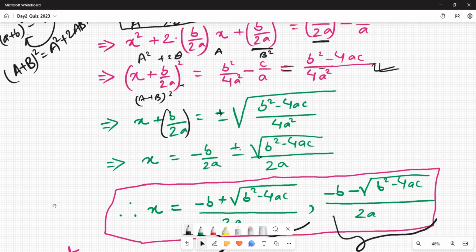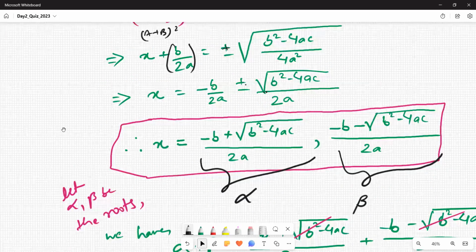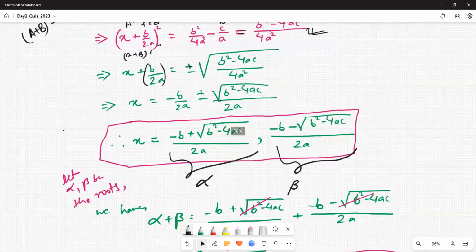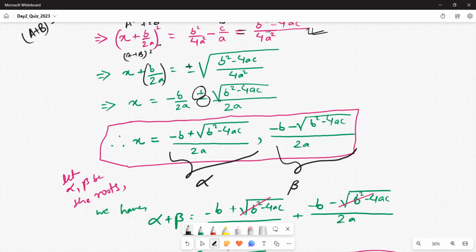So further, when you solve this, one time you take the plus sign, and another time you take the minus sign. So these two will give both of these terms, right?